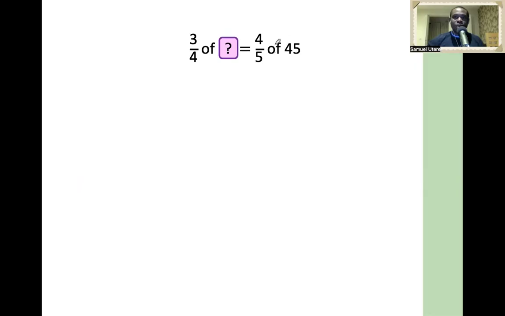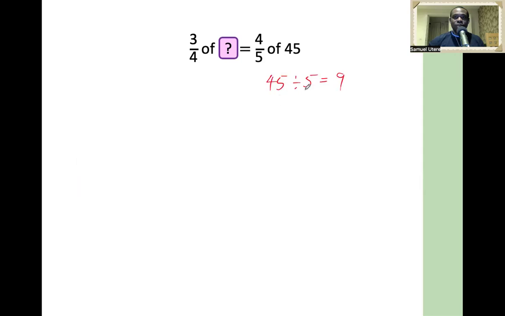So by now we already know how to work out fraction of amount. So 4/5 of 45 means you divide 45 by 5, okay, which is 9. All right. And now 4 lots of that will be, so remember, when you do fraction of amount, you divide by the denominator and you multiply by the numerator.